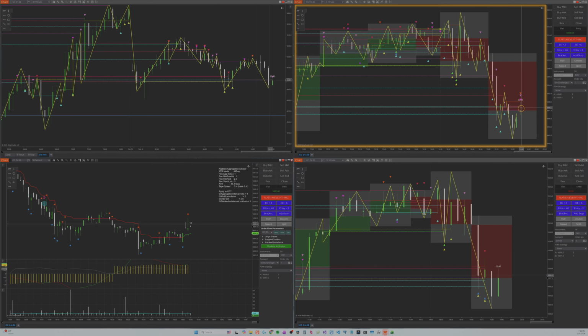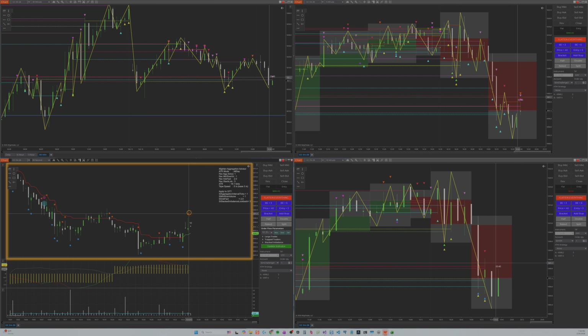Oh, the bar is still a little green. I kind of want to hang out and wait for it to close. So it could come back up. That's a tough one. This might be as good a place as any to enter.